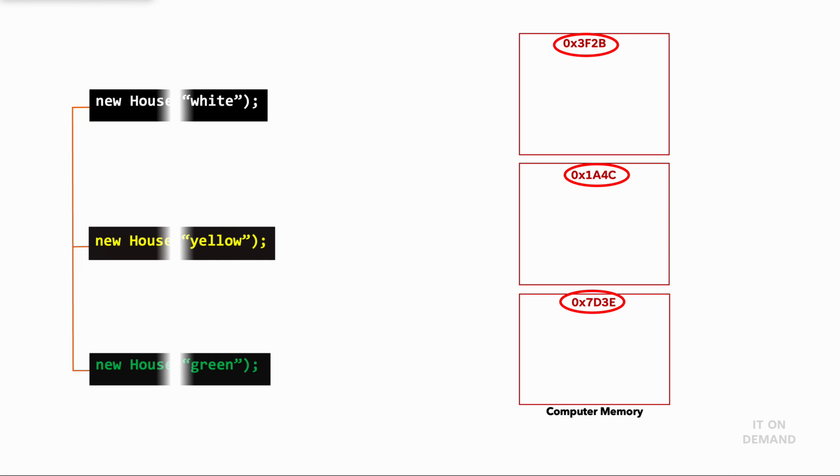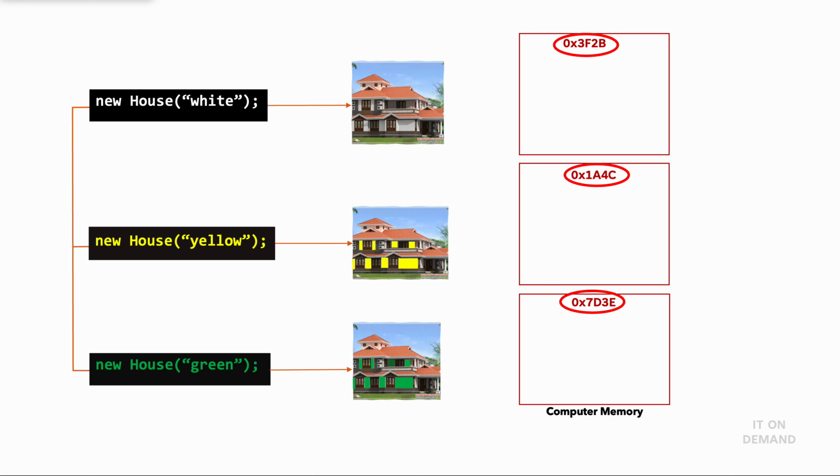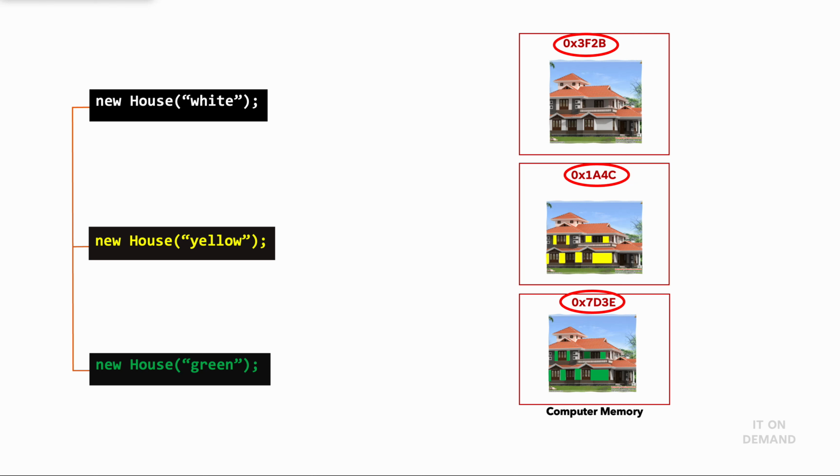And so when we say new house white, new house yellow, new house green, essentially what that does is create these objects for us based on the arguments that are passed in. And now these objects are then stored in the computer memory.